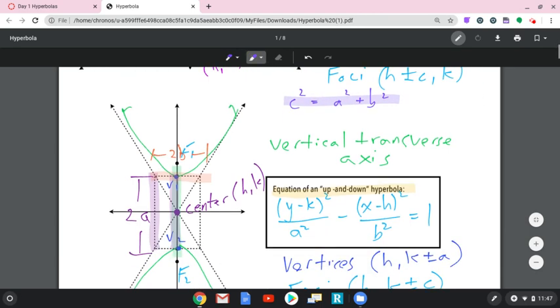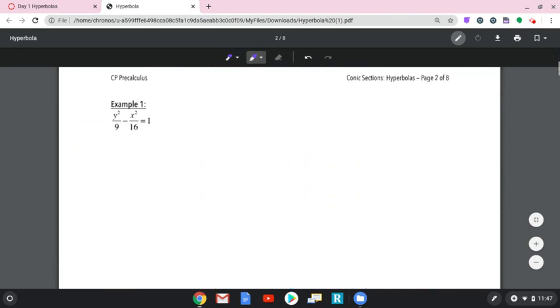All right, guys. Are we good? So now let's take a look at it. We're going to start to graph and go over values. Here's our first thing. The first thing I want you to do, similar to what we did in the last problem with the ellipses, is first identify: do we have a side to side or an up and down? If we take a look at this, y is first. So I know if y is first, I have an up and down.